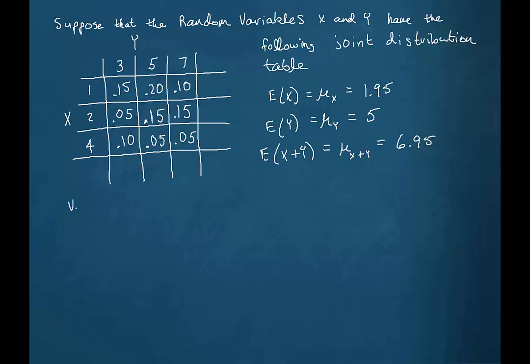But now what we want to do is find the variance for each of these. This formula will be to add up the squares of the differences between each of the x values and the mean for the distribution times the probability for each of these values of the random variable.